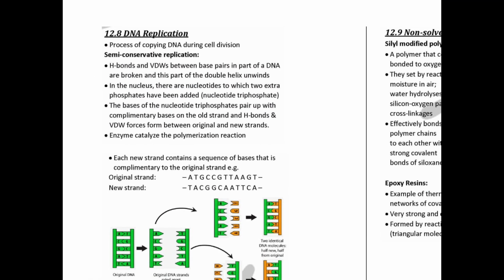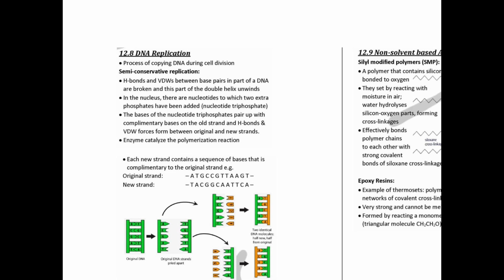This part, 12.8, DNA replication. DNA replication means how they copy the genetic information, but we just need to go through it briefly. The process of copying DNA during cell division: when one cell wants to divide into two cells, they need to copy the DNA information, make it into two sets, and separate the two sets into two cells.